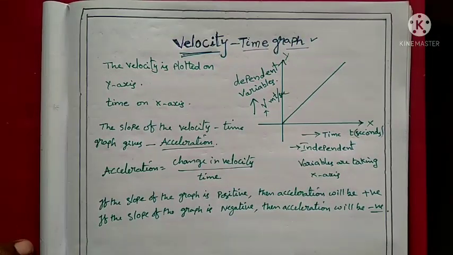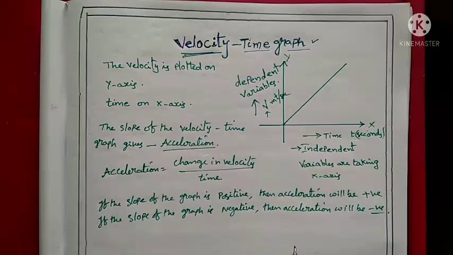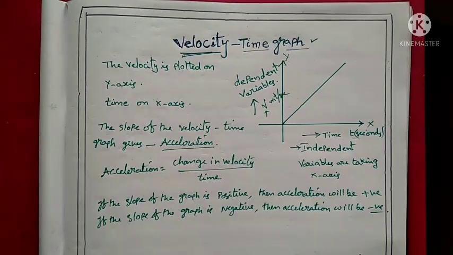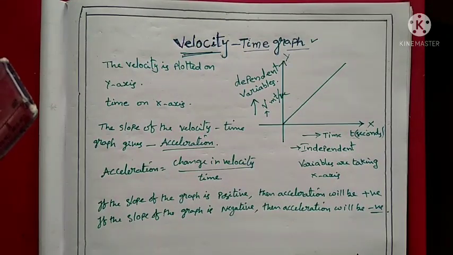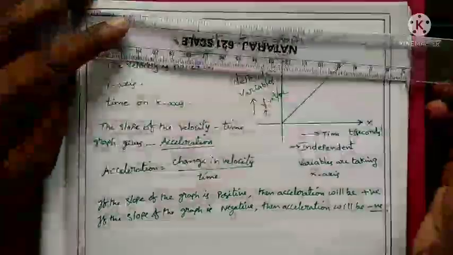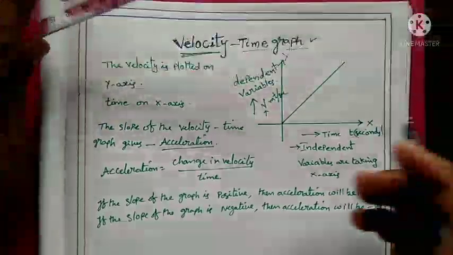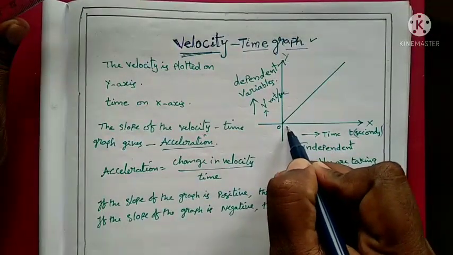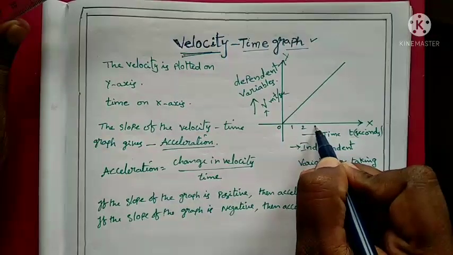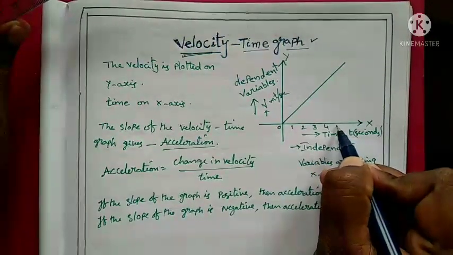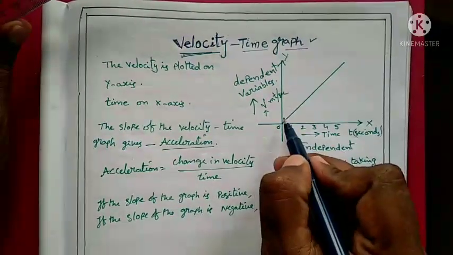Now the area under the velocity versus time graph. For example, we have the graph with 0, 1, 2, 3, 4, 5 seconds.